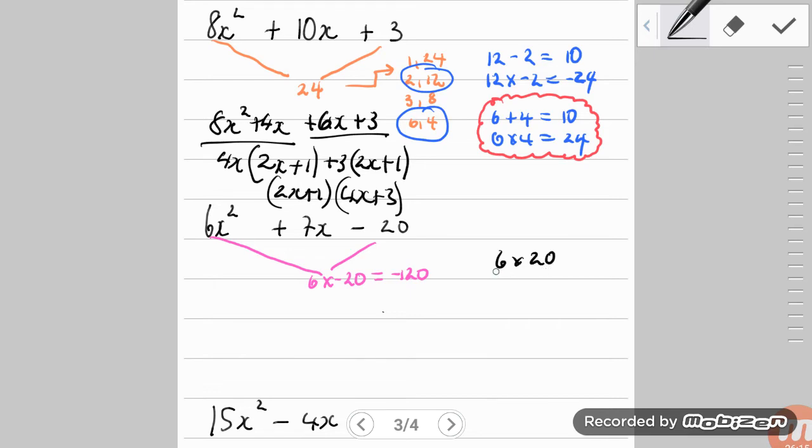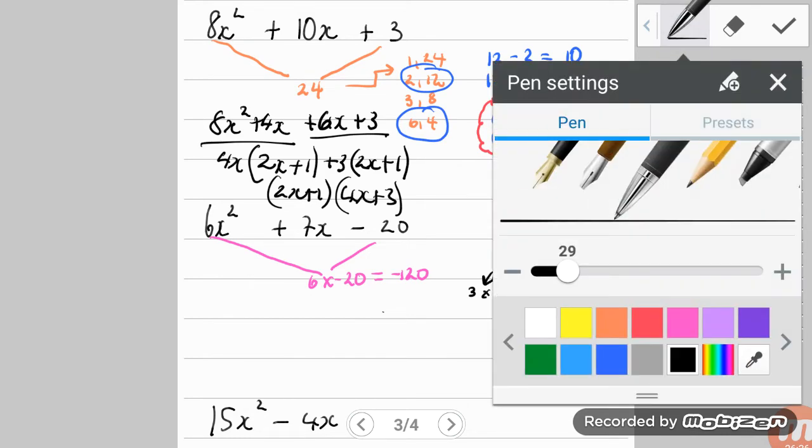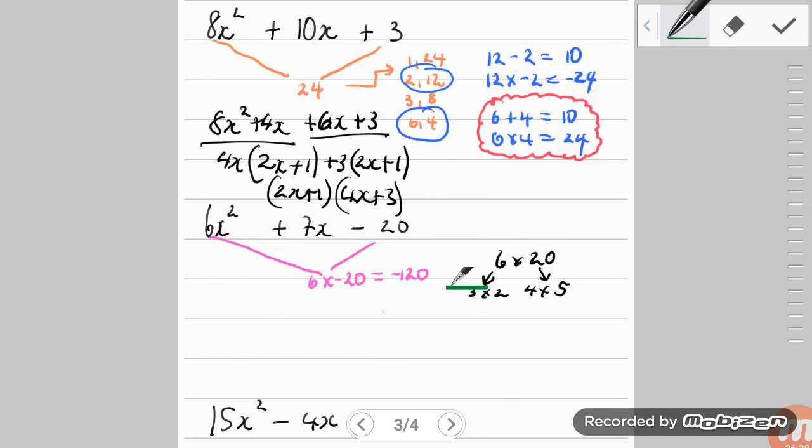Now, if we were to break this 6 up into something a little bit smaller, 3 times 2, and if we were to break up 20 into 4 times 5, then all we have to do, and this is really smart, is just swing a couple of arcs.